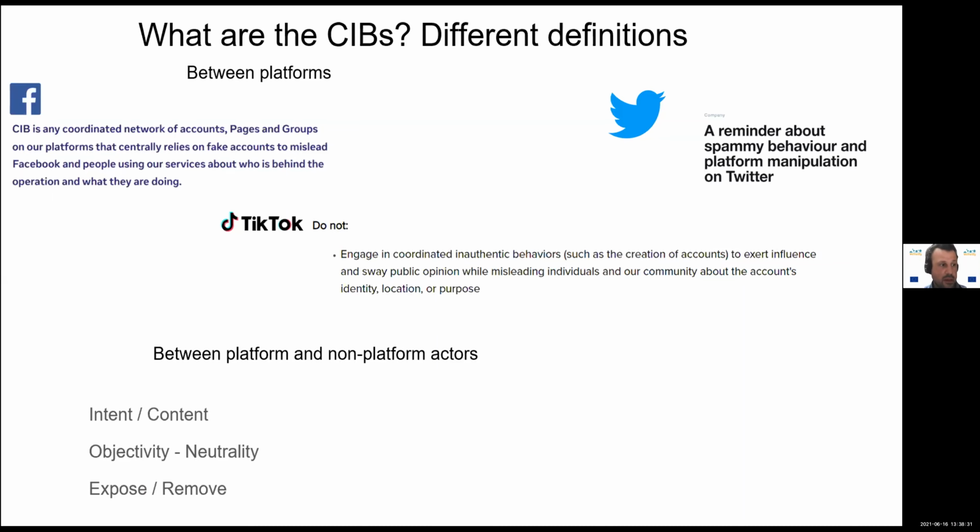Another complicated thing we have is that there will be differences between platforms and non-platform actors, especially because the platforms don't want to look at the contents.